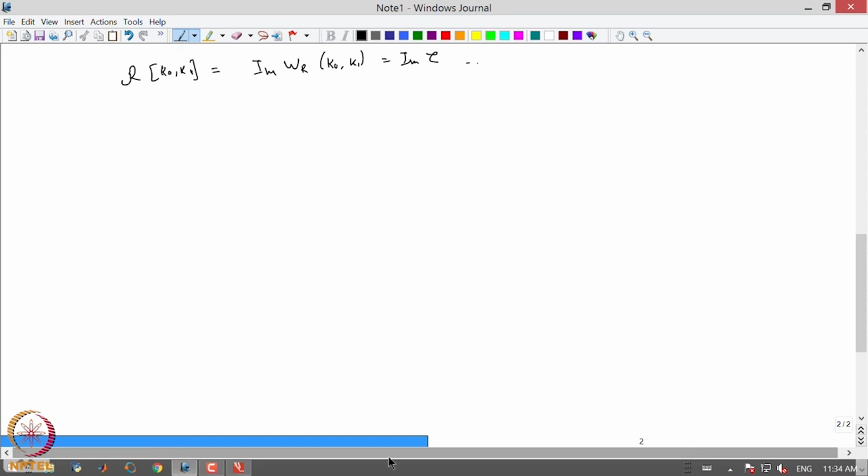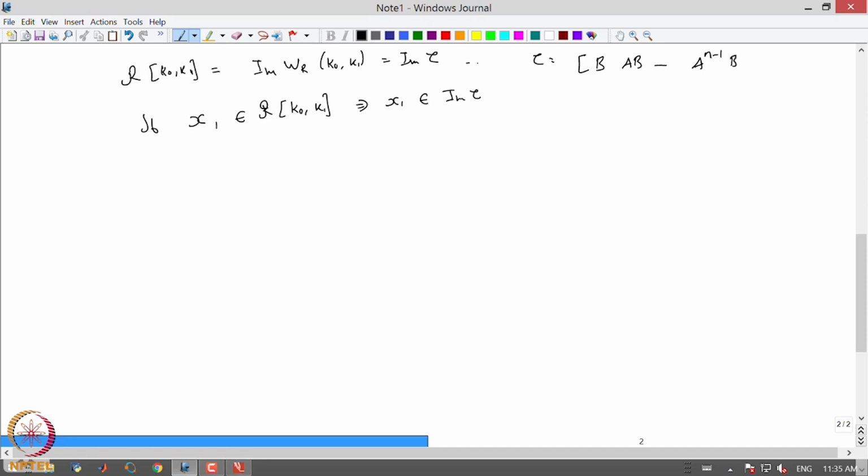We start by showing, the first step is, if x1 is in the reachable subspace, then it is easy to show that this x1 is also in the image of C. What is C? It is just the controllability matrix B, AB, till A to the n minus 1 B. Okay. So, this part is easy.